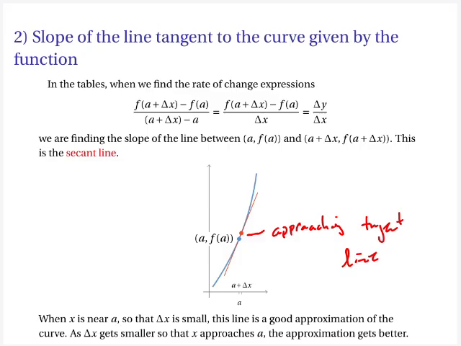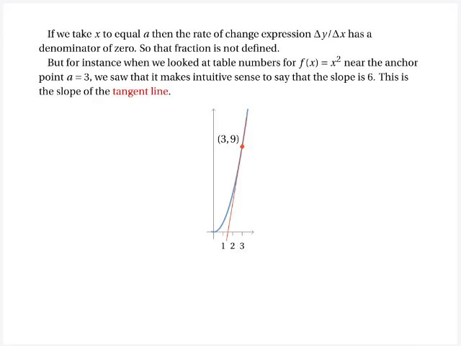Now, if we let x equal a, then the delta y over delta x has a denominator of 0, so that fraction doesn't make any sense. But if we think about the table numbers for f of x equals x squared near the anchor point a equals 3, it makes intuitive sense to say that the slope is 6. So this line here has slope 6.